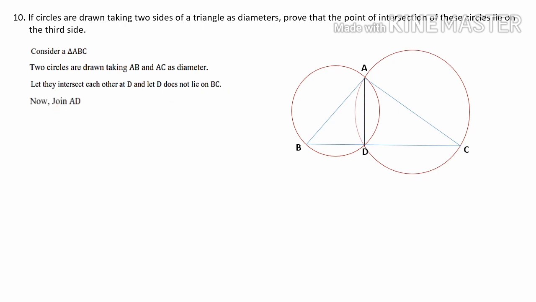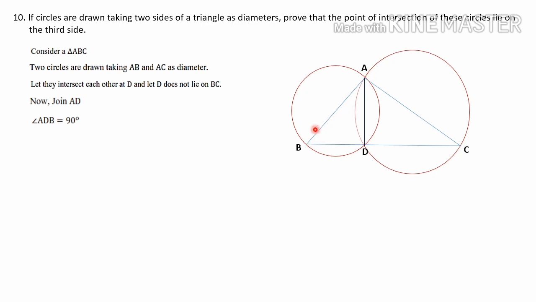So now let's join AD. Angle ADB is equal to 90 degrees. The reason, we have to be careful here: AB is the diameter. Whenever a diameter is drawn, the circle becomes two semicircles.